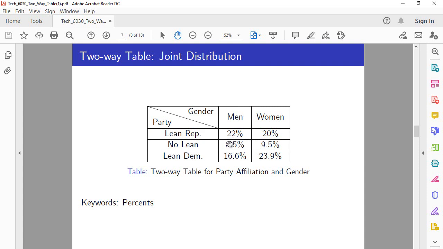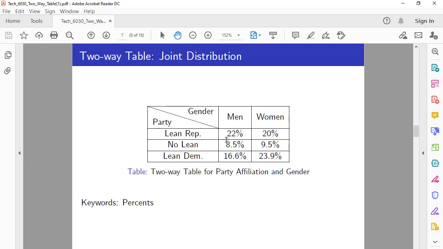If I pick an adult man in Ohio randomly, and then I ask, what's the chance that that person prefers the Republican Party?